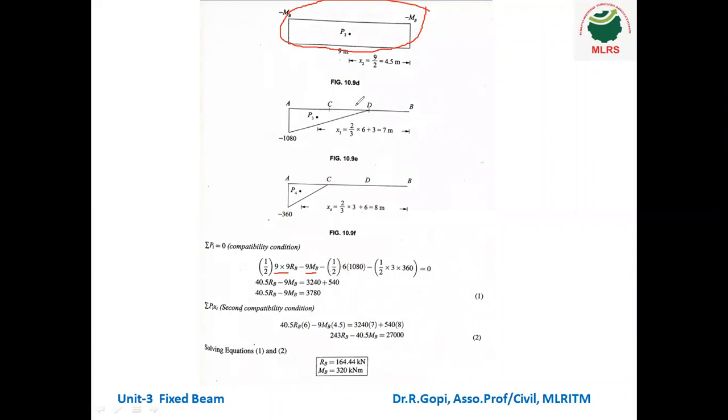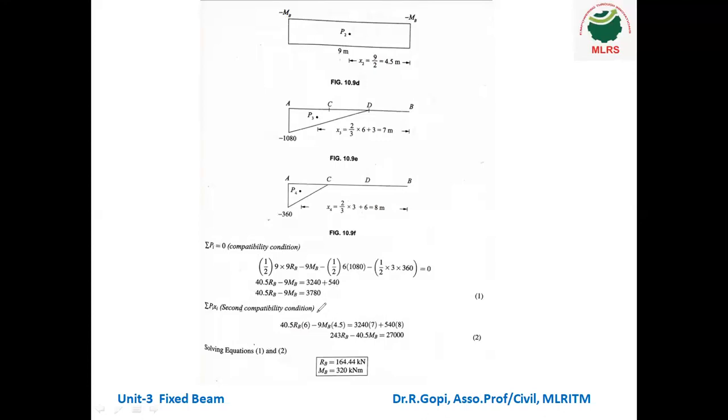So half into B into H. So this is B and this is H. Okay. Next, the fourth one, half into B into H. This is B and this is H. Okay. Which is equal to 0. So simplify all the equation. We got 40.5 RB minus 9 MB equal to 3780.